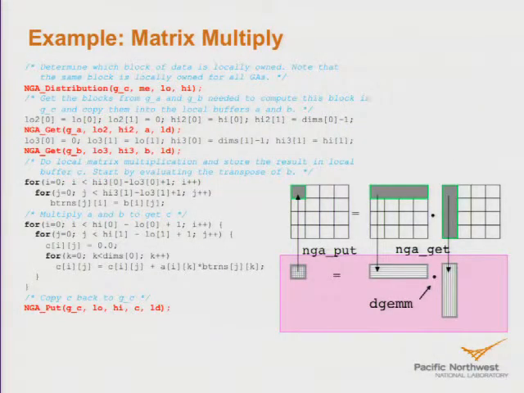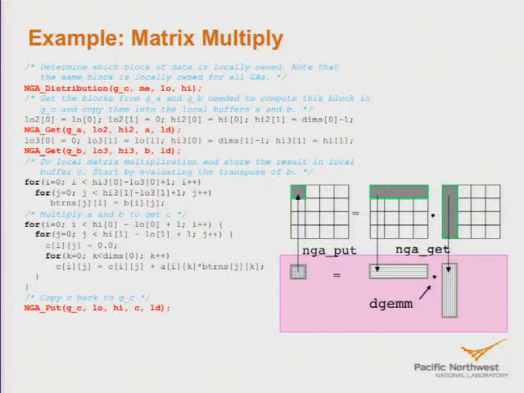So the actual code for doing this looks like this. The first thing you do is you find out which block of the product matrix C my process is responsible for, and construct the limits of the block. Then you copy the blocks, and this is just basically doing the multiplication.